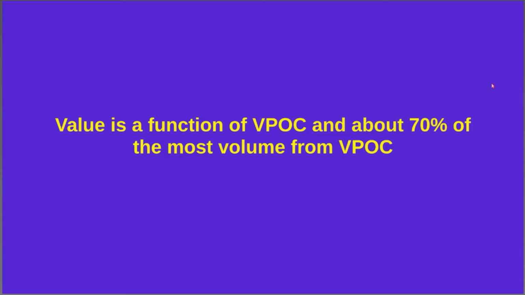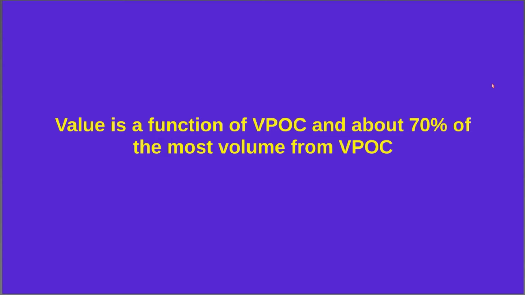Then it finds the next prices that have the most volume above and below, and identifies the 70% from volume point of control that represents the highest volume bars.